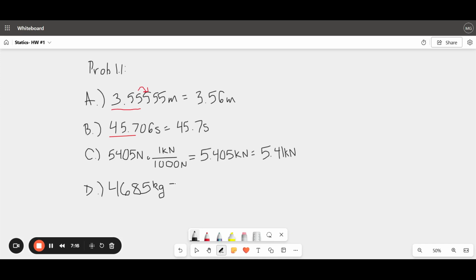And this one you could just easily round out. And that's just going to be 4,690. Notice that what's different here is that we have 3 digits before that decimal point, which means it's going to count as 3 significant figures. That's what makes it different than the last problem. The last problem only had the 5 and 4, which only made it 2. That's why we had to convert.